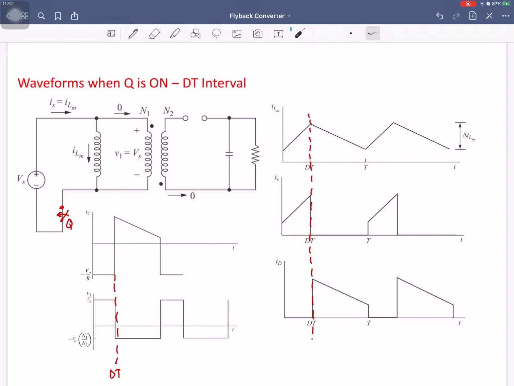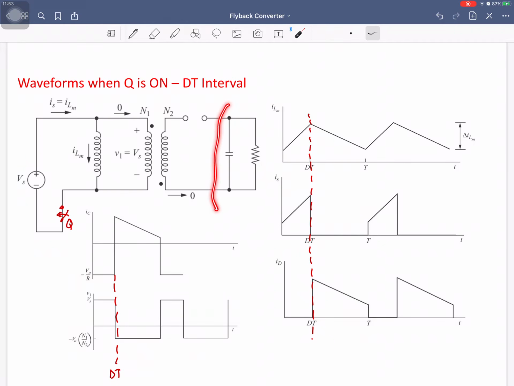And at that instant of time, your capacitor is providing power to your load resistance. So the capacitor current will be minus V naught by R. Right? And the voltage across your primary winding, plus minus, is equal to Vs. So the voltage across your primary winding and the voltage across your secondary winding will be equal to, you will have to multiply it with the turn ratio to get the voltage over here.